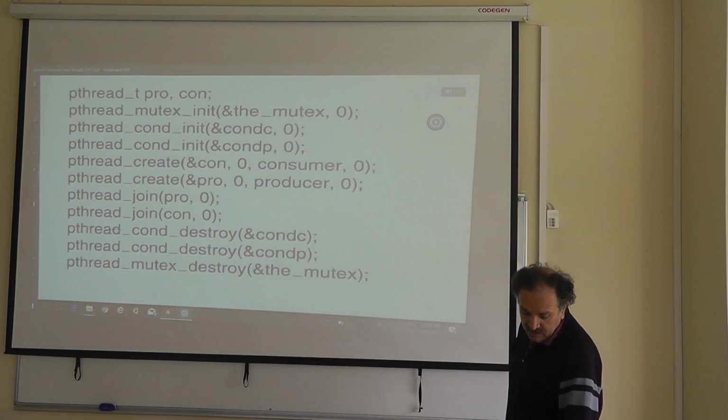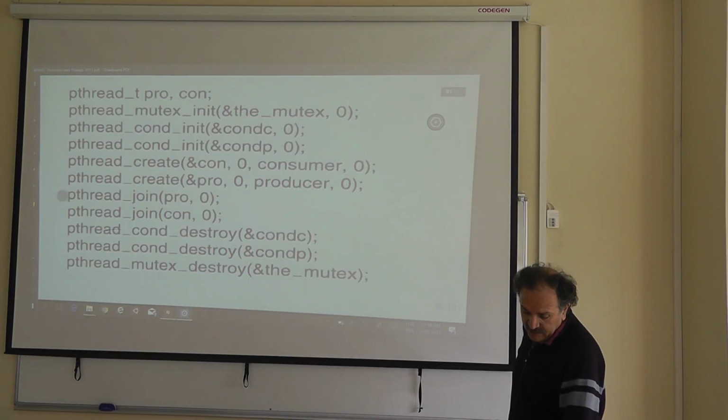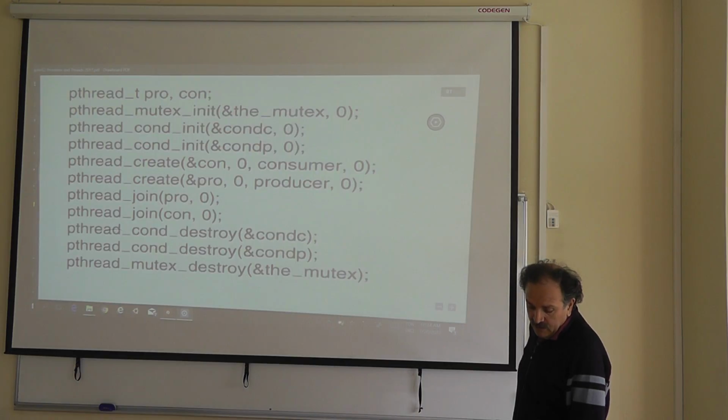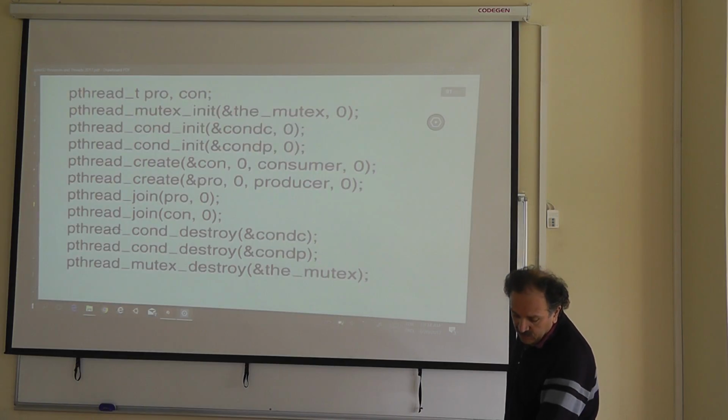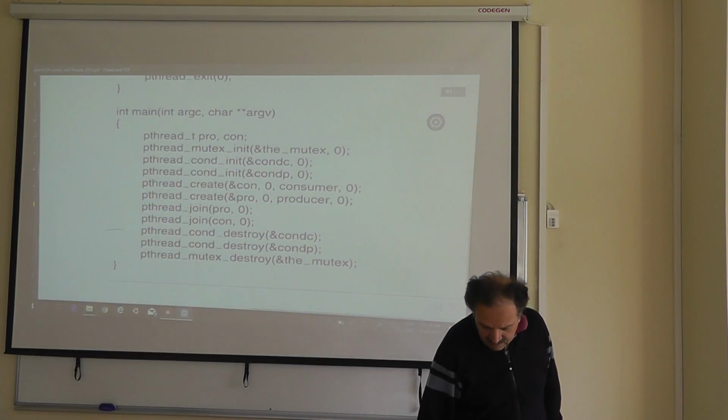So I will wait for both of them. Then after they are both done, I will destroy my condition variable for consumer and condition variable for producer. Then I will destroy my mutex here. So this is my main.